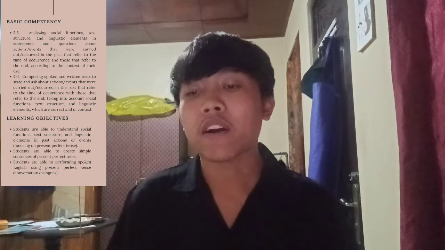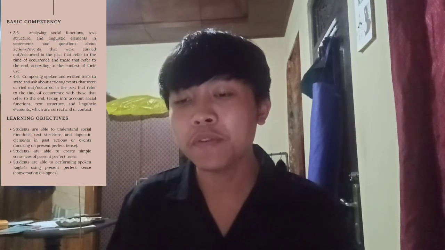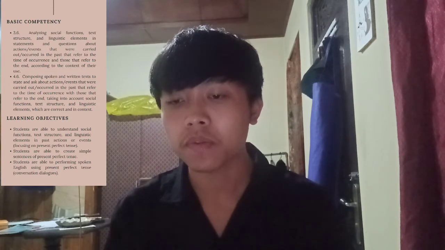The second one is students are able to create simple sentences of present perfect tense. And the third one is students are able to perform spoken English using present perfect tense conversation dialogues.